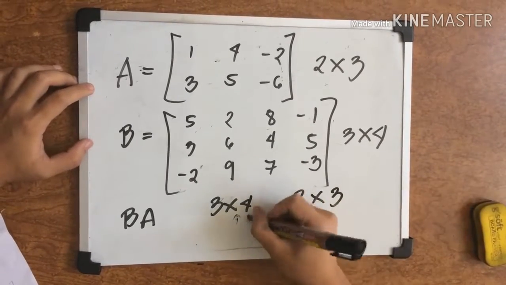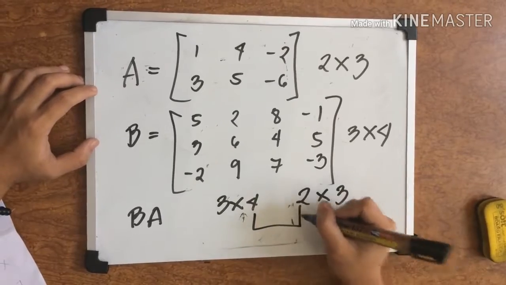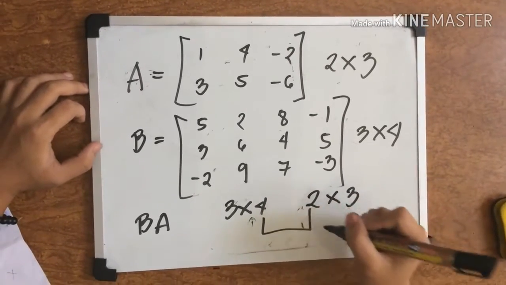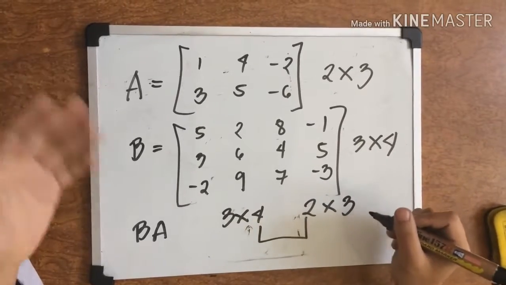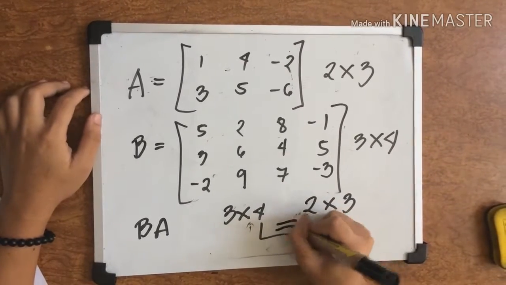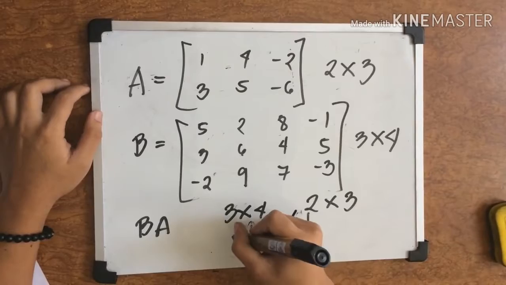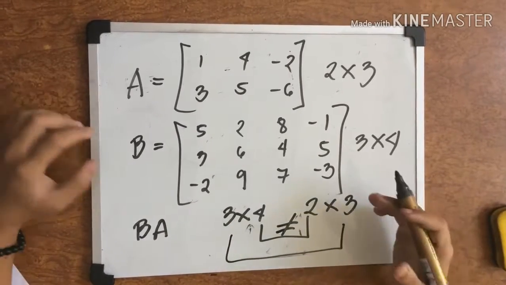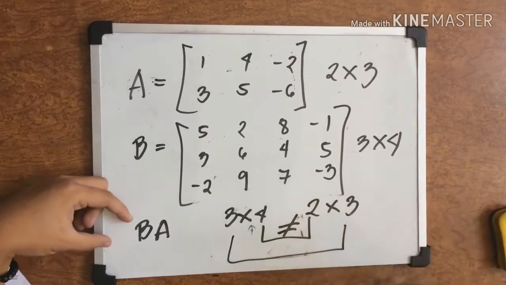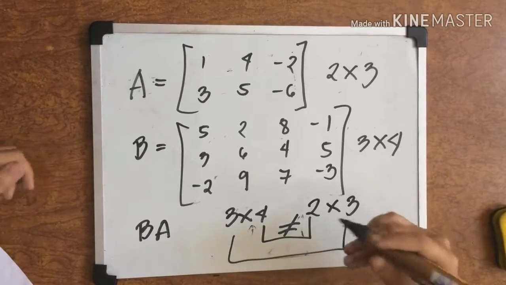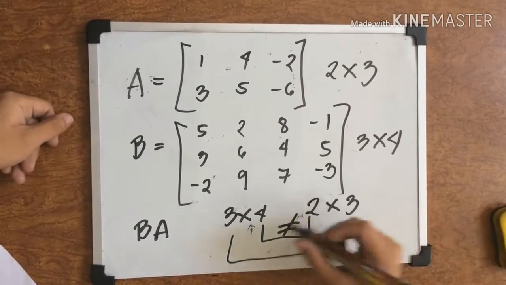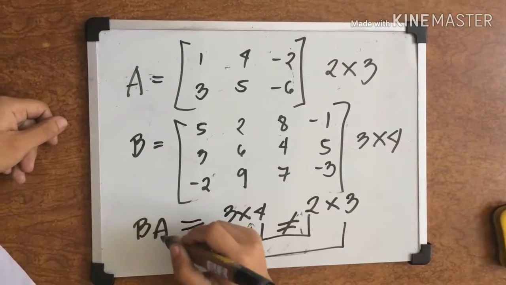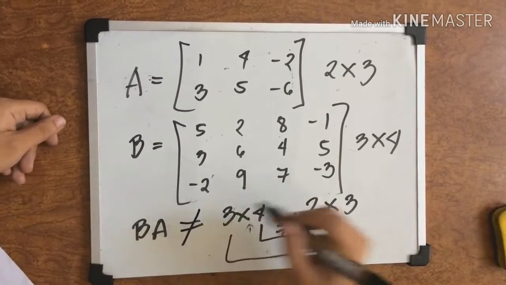As you can see, these two numbers are not equal, so it is not possible for these two matrices to be multiplied. So this example, we can say that it does not exist. So we cannot multiply B with A.